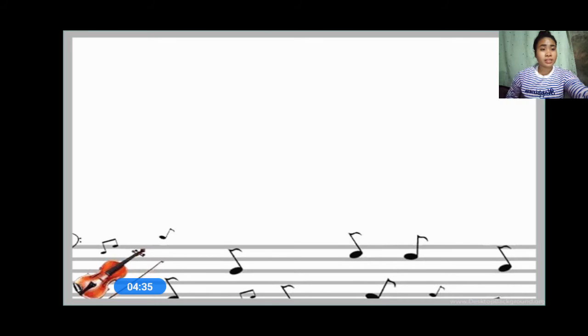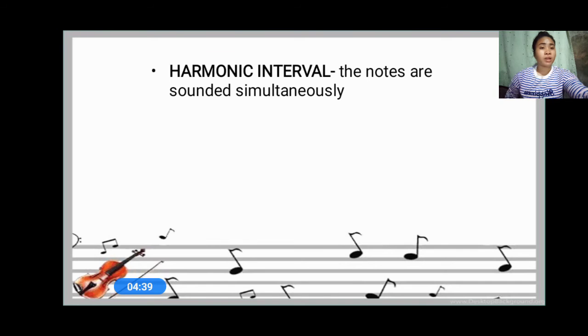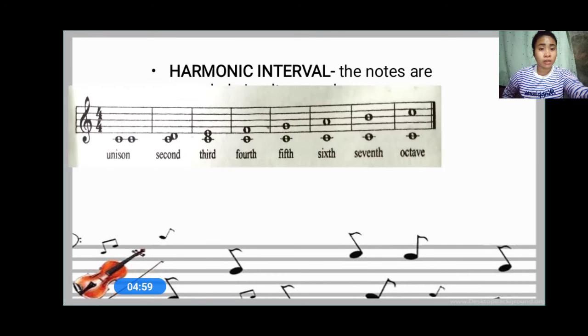And here is the second interval, the harmonic interval. Harmonic interval is when the notes are sounded simultaneously. So if melodic interval is sounded one after the other, harmonic interval on the other hand is sounded simultaneously. I'm going to show you the harmonic interval.